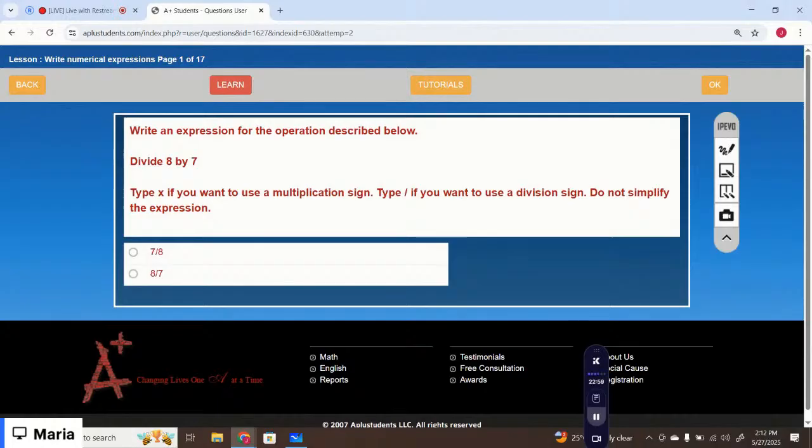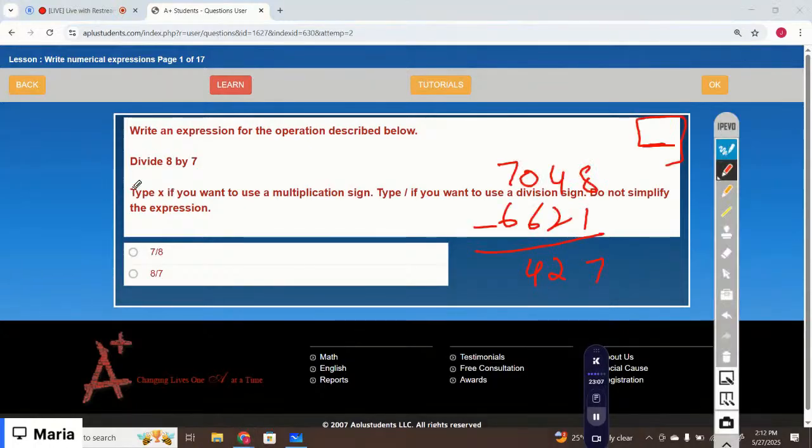Write an expression for the operation described below. They write 8 by 7. So use the division sign, right? You need to divide 8 by 7. Right?